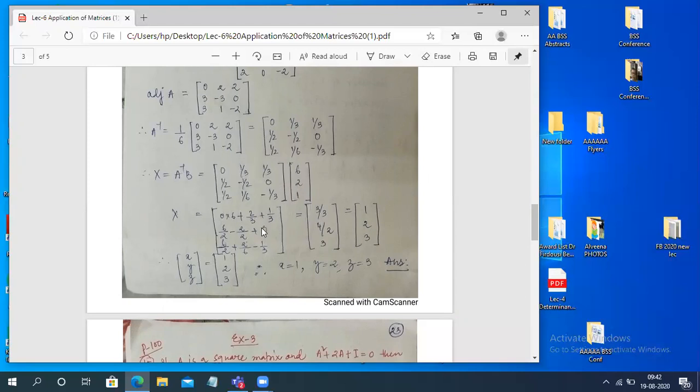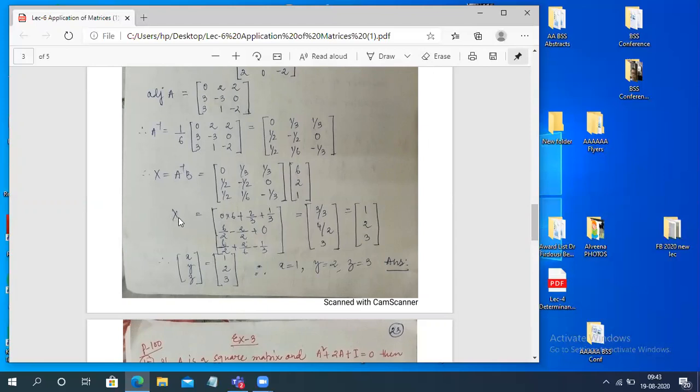So the second row will form. The third row with each element of this column: 1 by 2 into 6 plus 1 by 6 into 2 minus 1 by 3 into 1. So it will form the third row. The elements are 3, 2, 3, that means 1, 2 and 3.